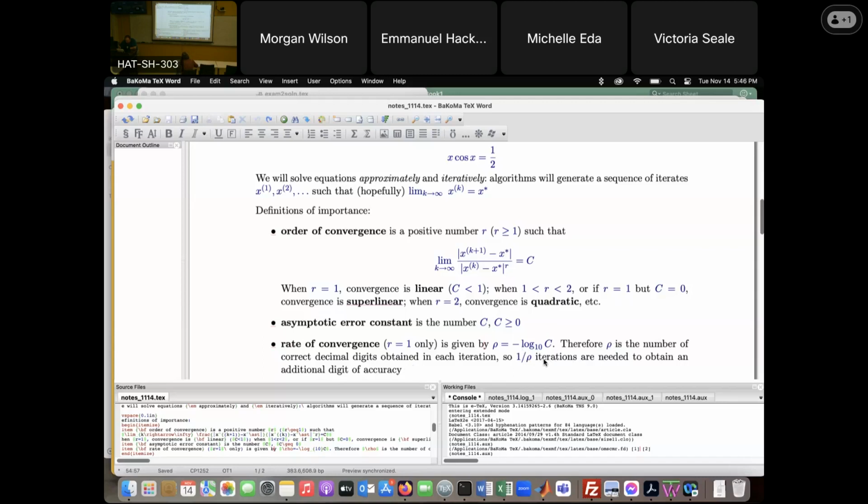Let's suppose, for example, c is equal to 1/10. That means the error is being reduced by a factor of 10 each iteration. So if I plug c equal to 1/10 into here, I'm going to get rho equal to 1. That means you get one new decimal digit correct each iteration.